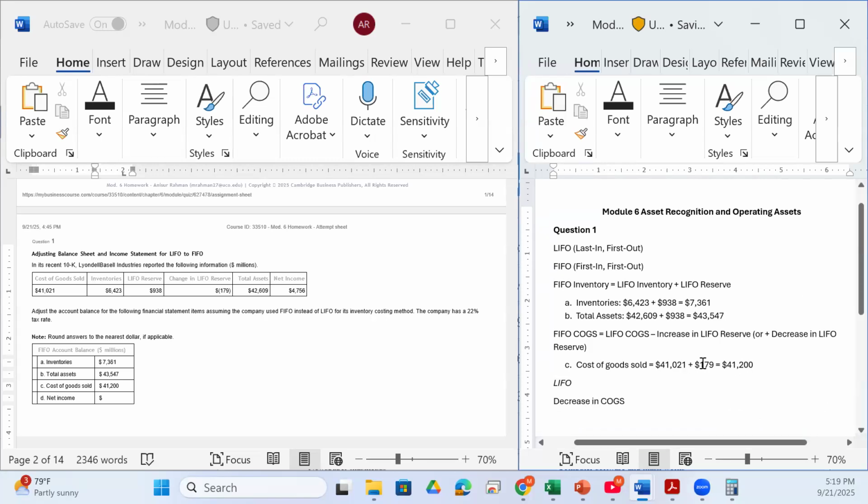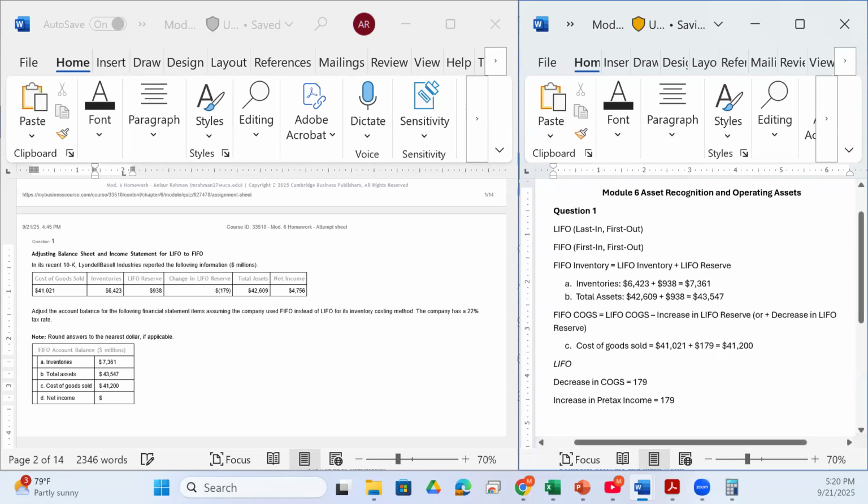That is why we had to increase by this amount. So decrease in cost of goods sold was 179. So that basically means our expenses decreased. So our pre-tax income actually increased, right? Expenses decrease, meaning pre-tax income increase. Increase in pre-tax income is also 179 under LIFO. So because pre-tax income increased, our taxes also increased.